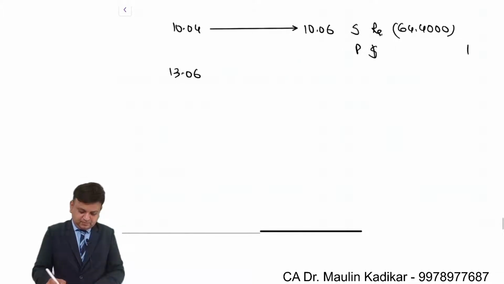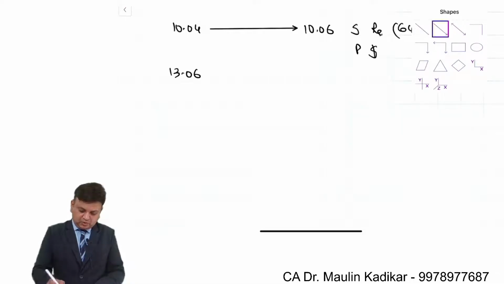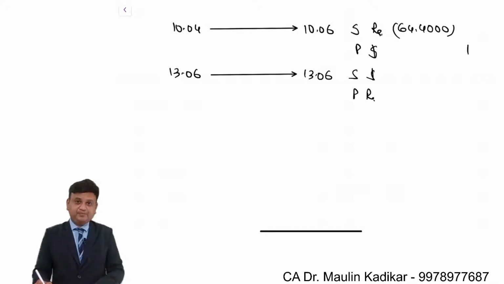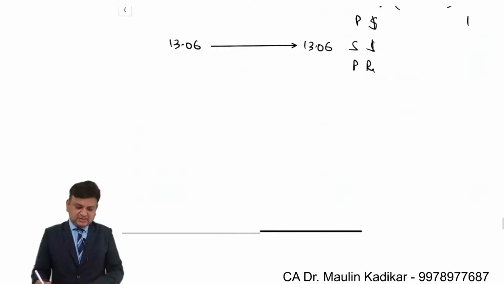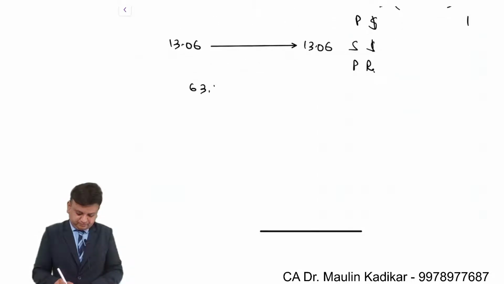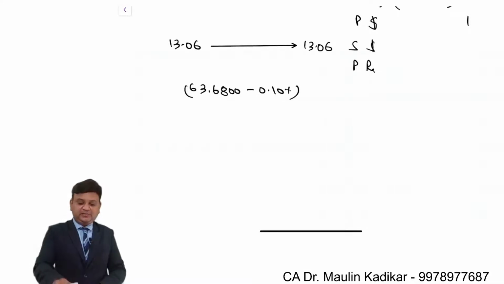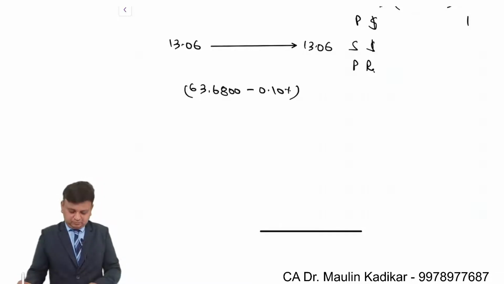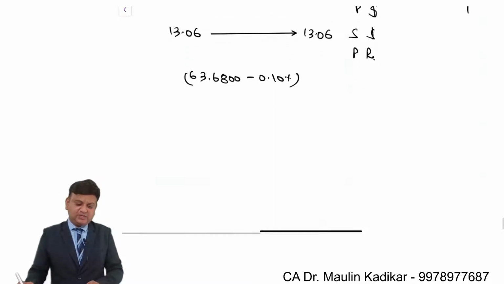And on 13th of June you have to do a spot transaction. That is for 13th of June itself, it is sell of dollar and purchase of rupees. So what amount you will get? 63.68 less 0.10 percentage. Since it is for the customer, we have to consider this. So it is 63.6163.